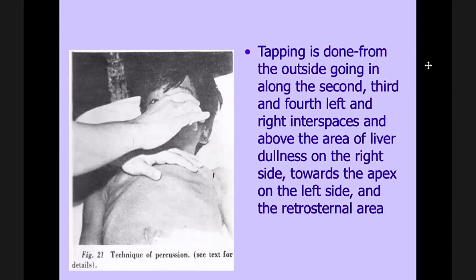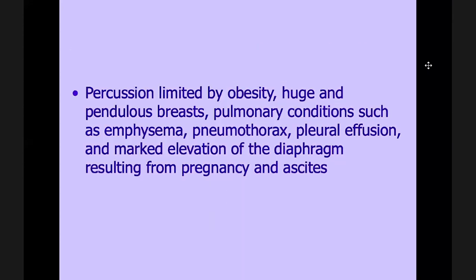Tapping is done from the outside, going along the second, third, and fourth, left and right interspaces, and then above the area of the liver dullness on the right side, towards the apex on the left side, and the retrosternal area.